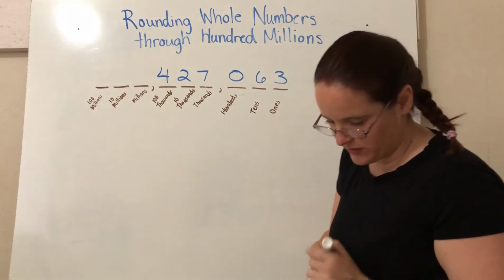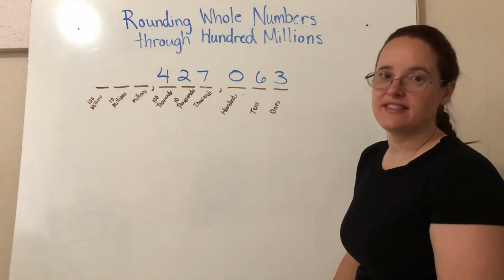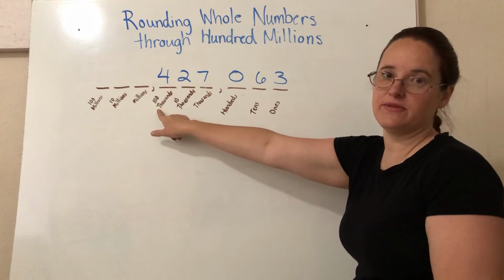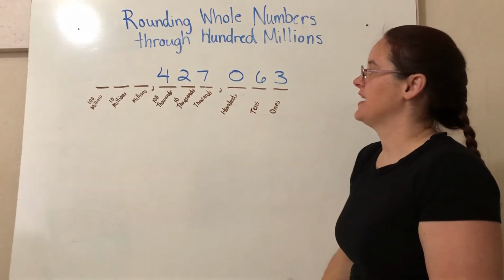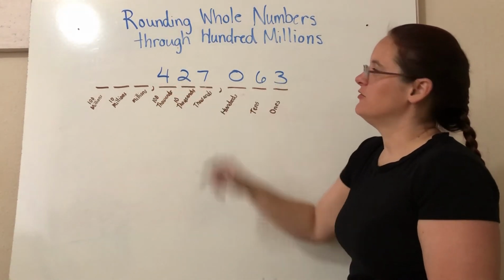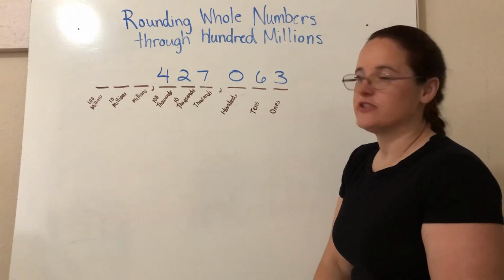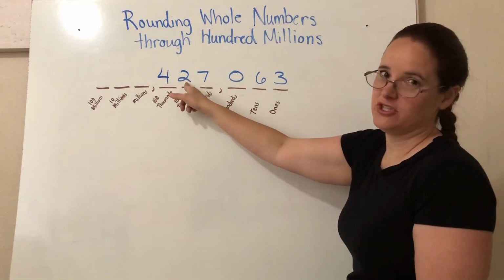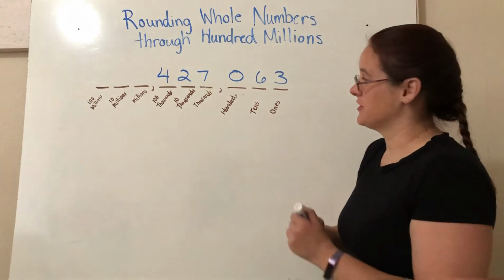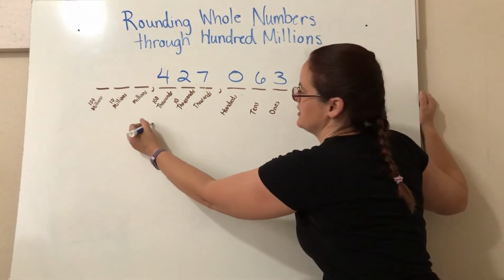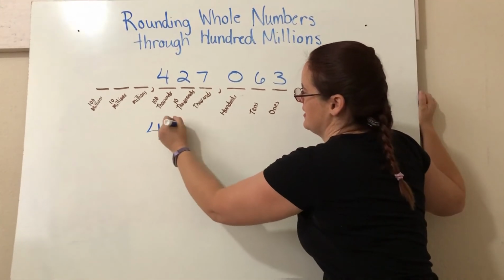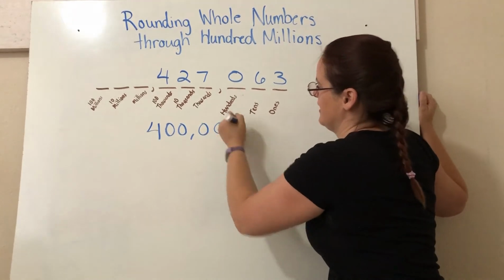Okay, and this one we are rounding to the nearest 100,000. So we find our place value and we have to decide, am I rounding to 400,000 or 500,000? I look at my 2, it's below 5, we're going to round down. So my answer here would be 400,000. Everything after is zeros.